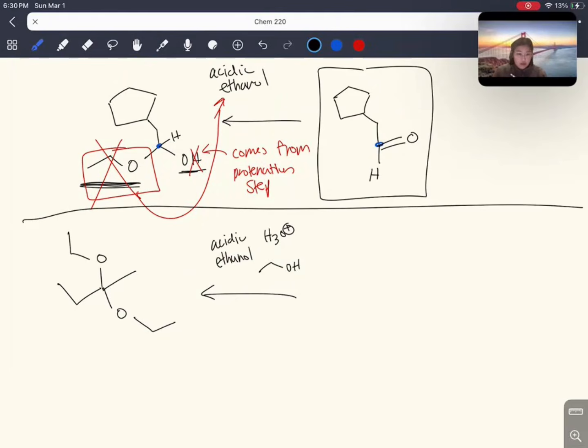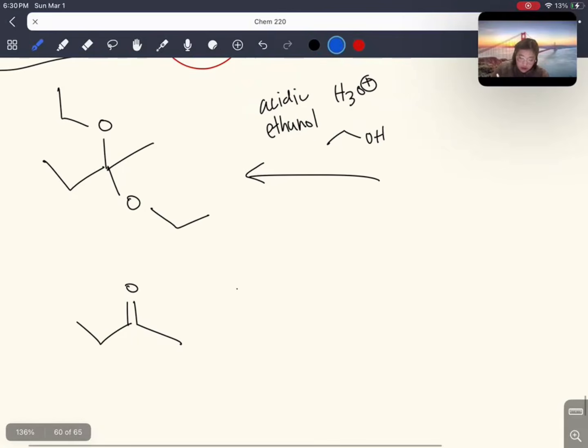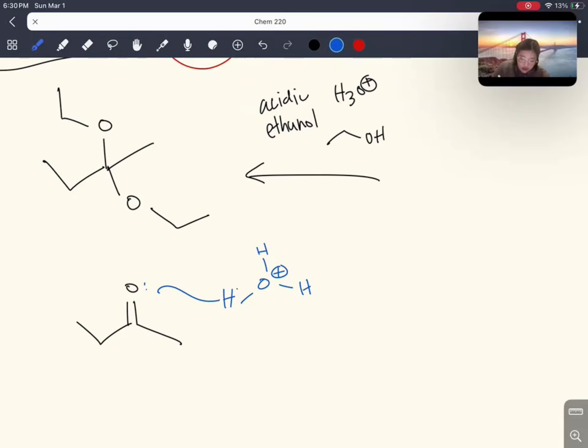And so the starting product to form this acetal is 2-butanone. So it looks like this. And the way the mechanism works is, first you have your H3O plus. Same as last time, your oxygen is going to get protonated, and so then you're going to get this.